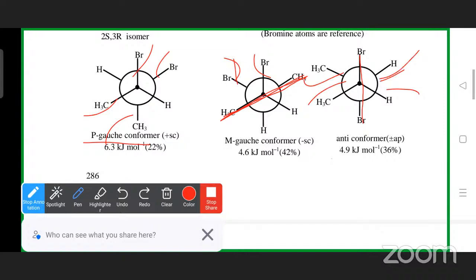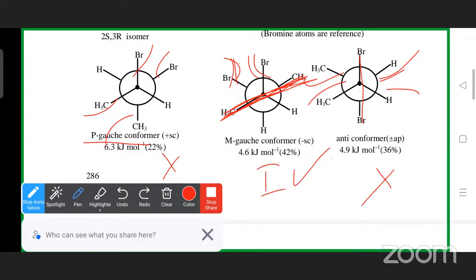That's why these are in the opposite direction, and these two methyls are in a gauche orientation. So this is more stable, and this is less stable. So this is the first stable compound.